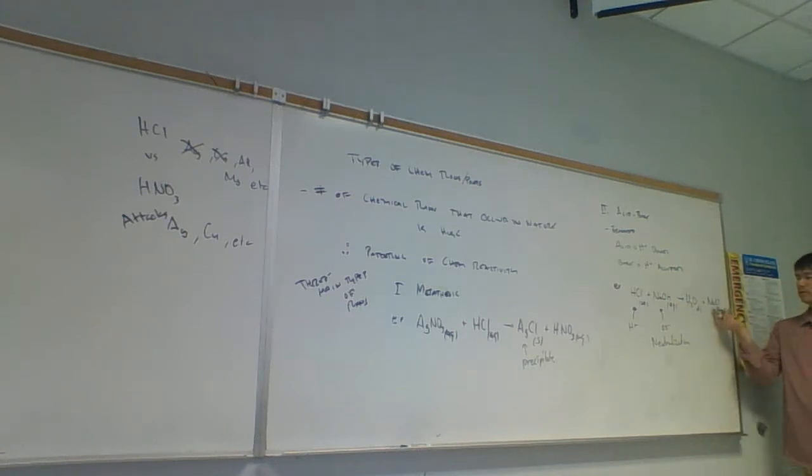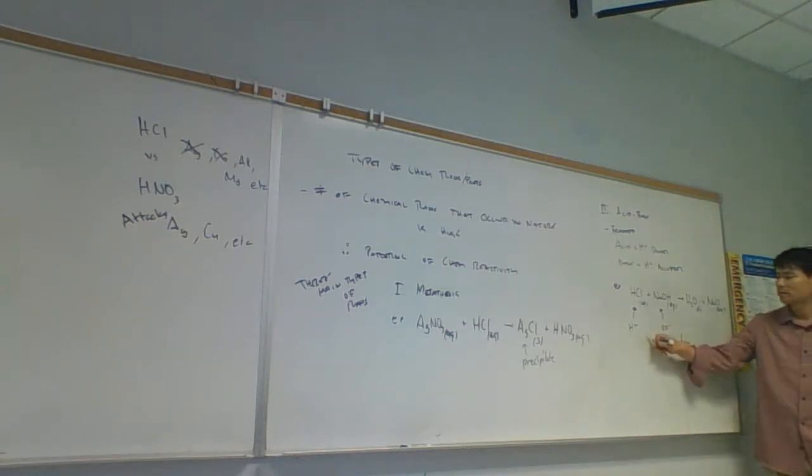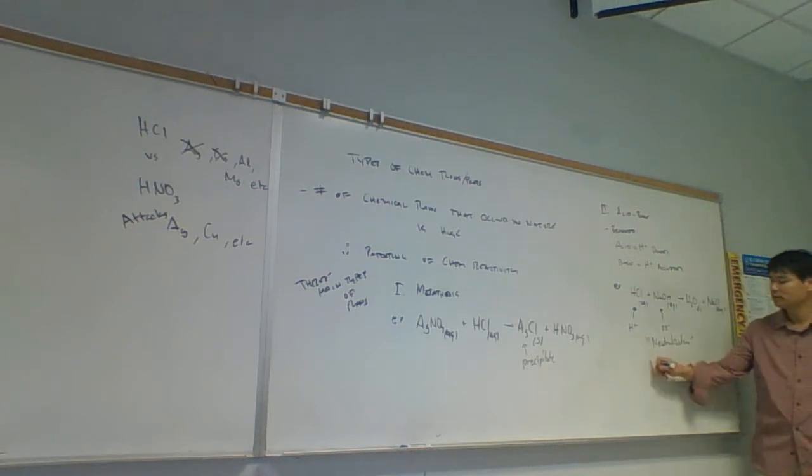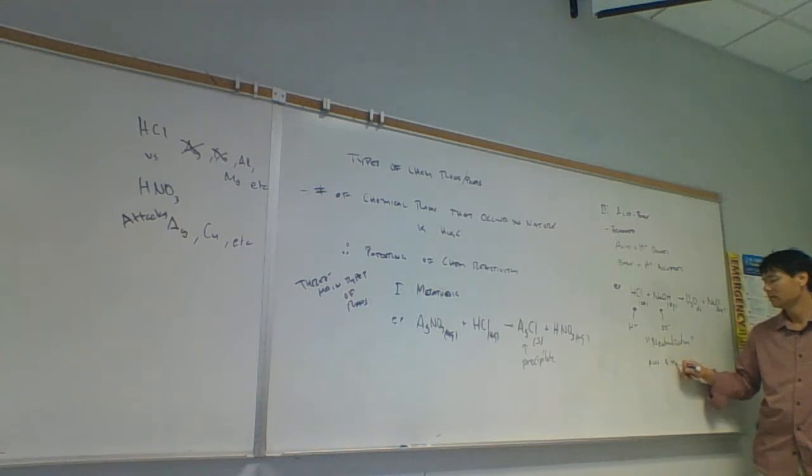All we're doing is forming sodium chloride, which is table salt, in water. So we've completely neutralized this reaction. Sometimes it doesn't go all the way neutral, but it just becomes more neutral. This is also a metathesis in this case.